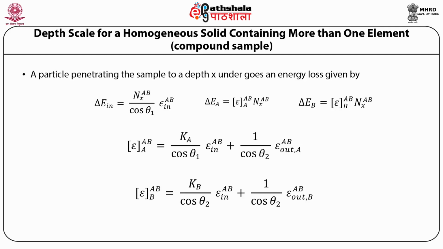The energy loss delta E out along the outgoing path depends on the collision partner.